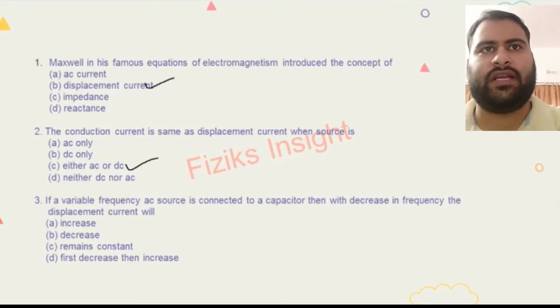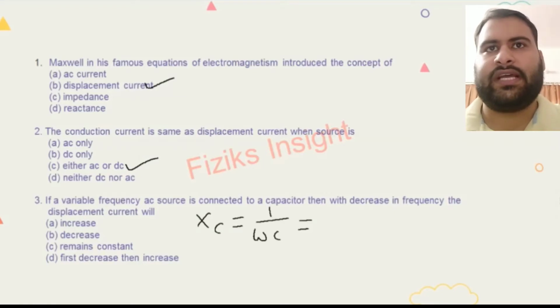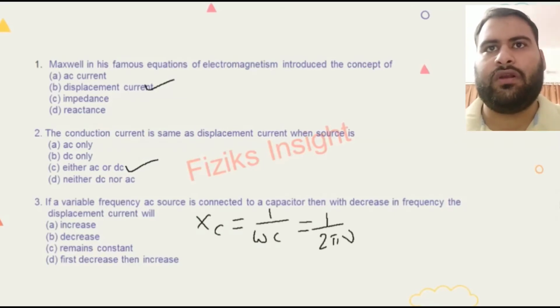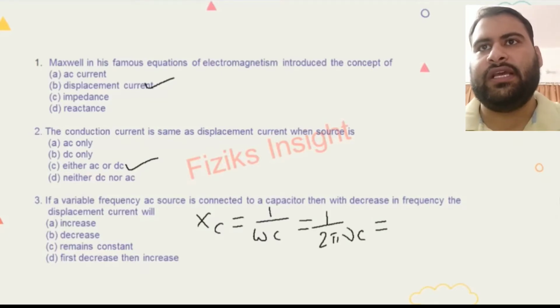Now in the third question, if a variable frequency AC source is connected to a capacitor, when the frequency decreases, the displacement current will increase, decrease, remain constant, or first decrease then increase. See, we very well know that XC equals 1 upon omega C, where omega equals 2 pi times frequency.